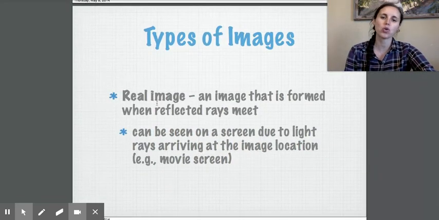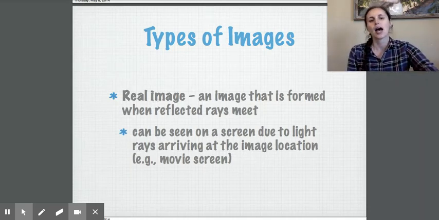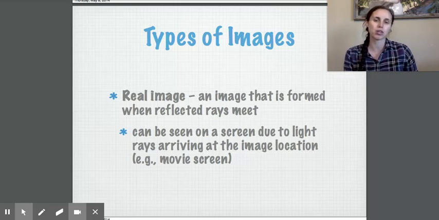Now let's give you a quick definition of a real image because we're going to be looking at some of those next. A real image is an image that's formed when reflected rays meet. So remember the last image we were looking at, reflected rays were never meeting. They were never crossing. We were dealing only with apparent rays. You can have some cases where reflected rays are actually going to converge or meet.